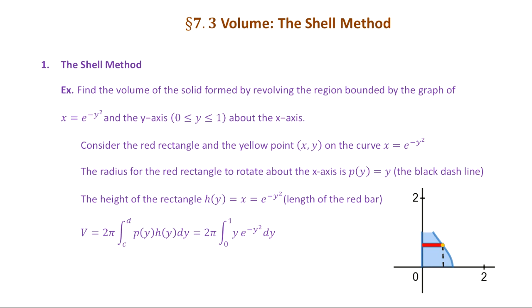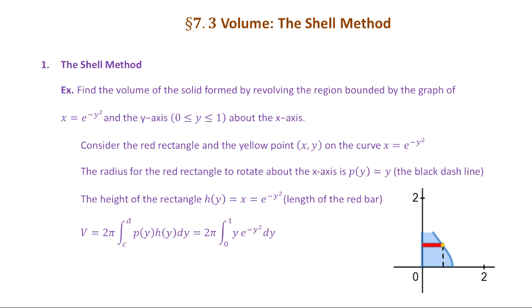And the yellow point on the curve has coordinates x, y, on the curve x equals e to the negative y squared. We need to figure out two things to apply the shell method: the height or length of the rectangle here, and the rotation radius, which we call h and p.